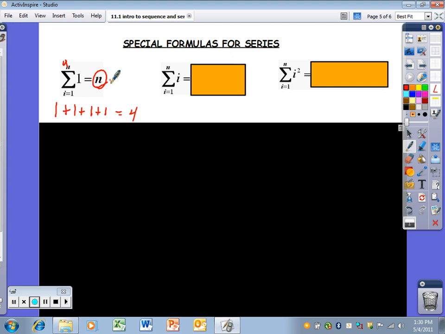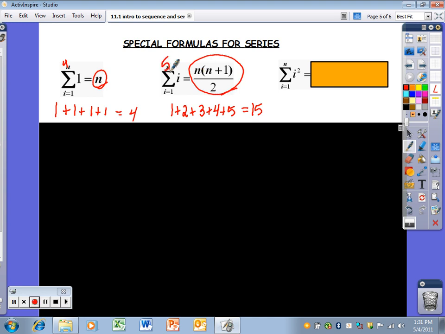Now this one is saying when I add up a bunch of first 1, then 2, then 3, then 4, then 5. We'll stop there. Let's see what we get for a sum. 1 plus 2 is 3, plus 3 is 6, plus 4 is 10, plus 5 is 15. Okay? Let's see what the formula says. It says n, which in this case I added up 5 of them.